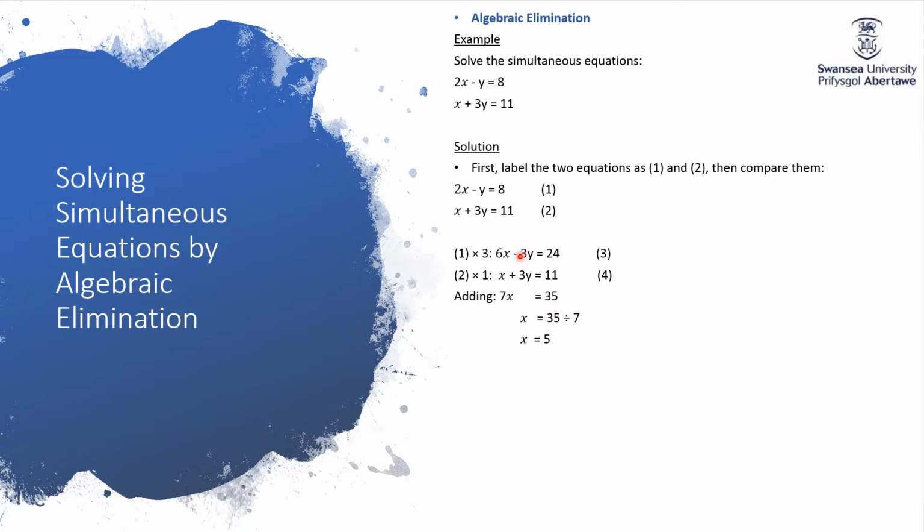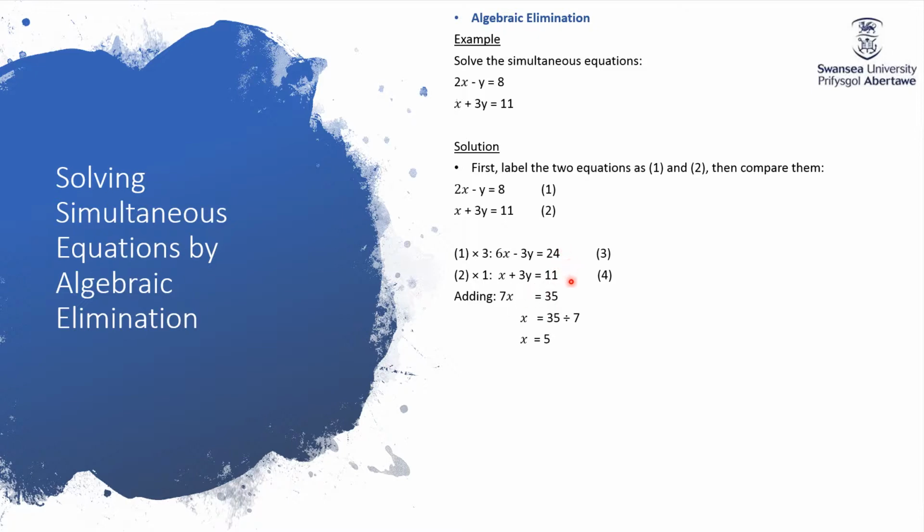Then, because we've got different signs here, remember DAS, different, addition, same, subtract. So because they're different, we're doing addition. So we've added these two together, so 6x plus x equals 7x, minus 3y plus 3y is 0y, so nothing here.